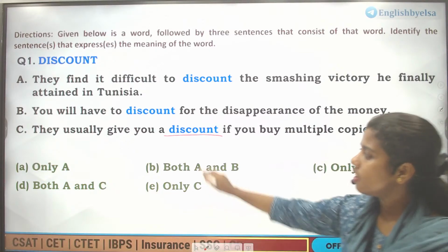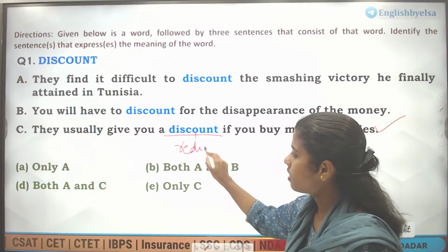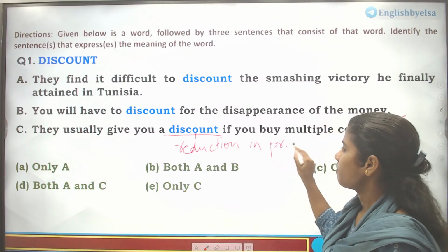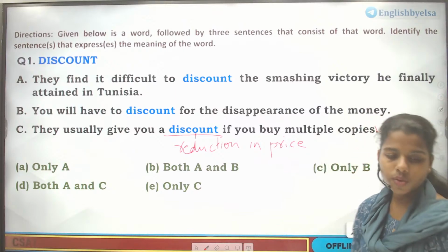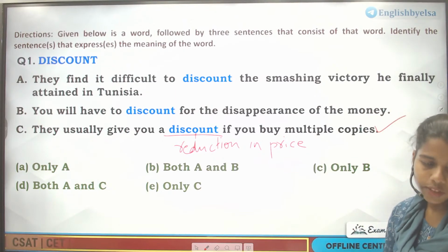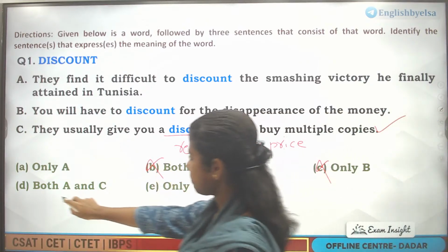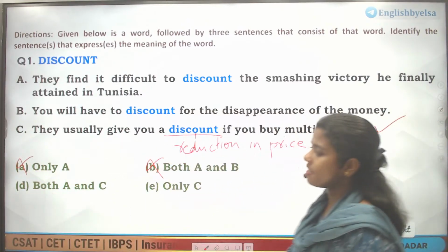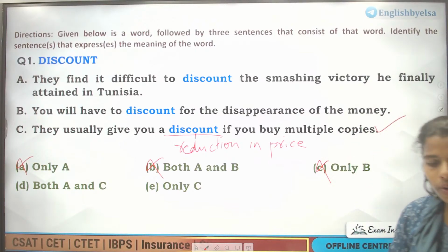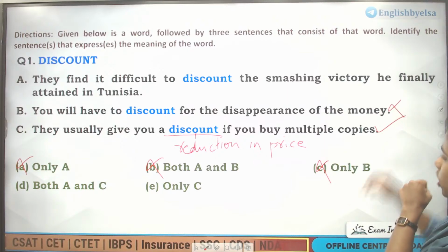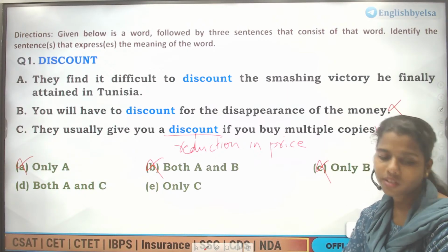Discount here means reduction in price. This we have often heard. So I know C is the correct one. The options remaining are A and C, or only C. By the options I can understand B is my wrong statement.